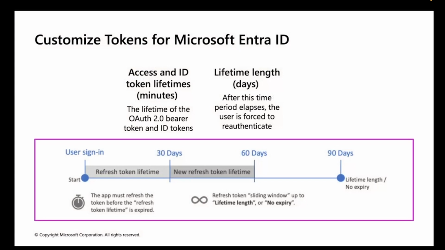The answer is, in the traditional way, if I apply any conditional access policy to your account, by default you'll still be able to access the application for the next 1 hour or till the time your refresh token is valid.